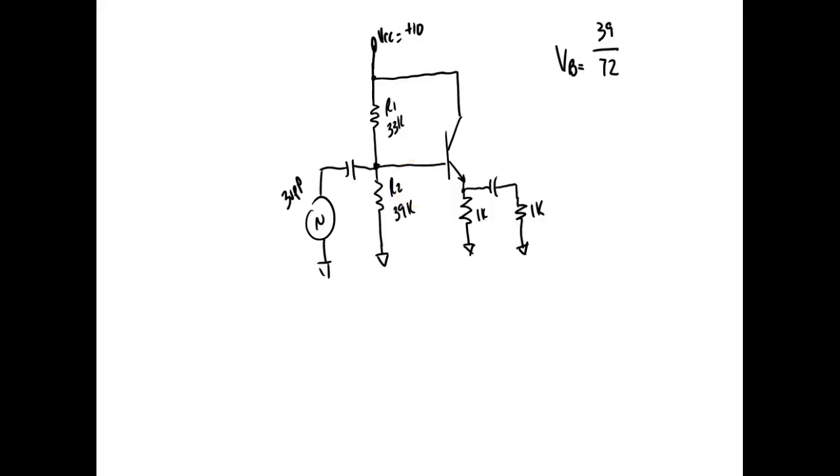Why did I leave the K out? Yeah, it's going to cancel out. Then we'll multiply that times 10, and that should give us our base voltage. Perfect would be 5.7 volts, but it's going to be impossible to get. But we do pretty good. 5.42 volts.